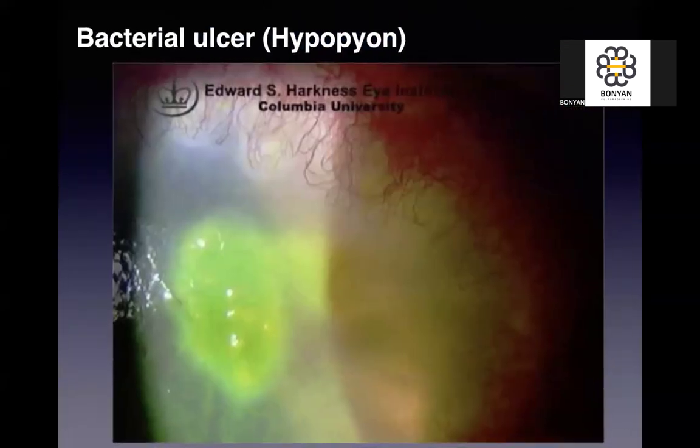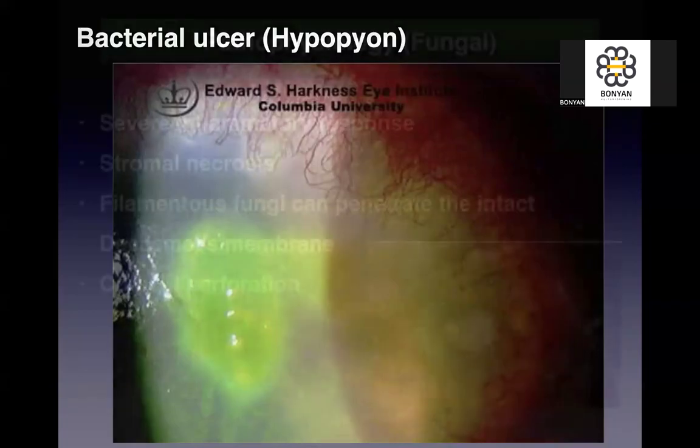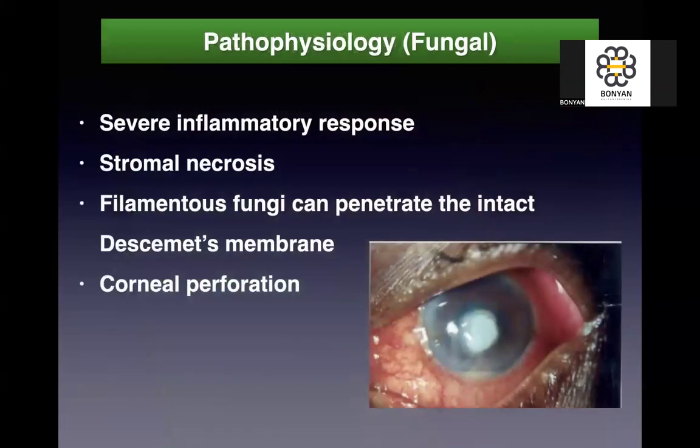This is a picture of a hypopyon ulcer or bacterial ulcer, a severe form, present in the peripheral part of the cornea, including here the limbus, and severe vascularization, as you see here, with circumcorneal hyperemia and injection. Another photo for fungal keratitis.